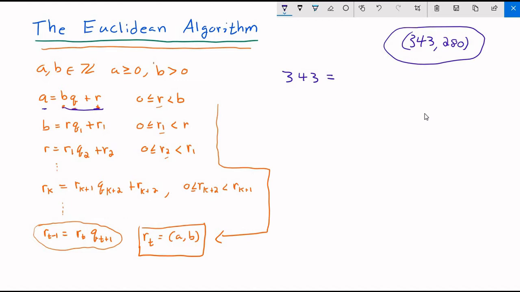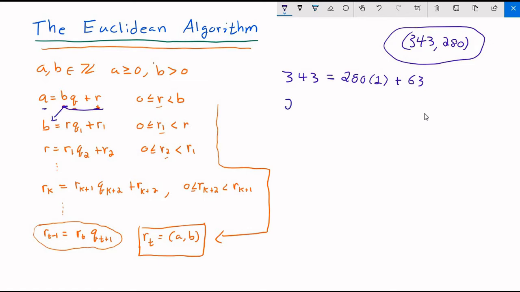Well, 280 is at least 200. We know that 2 times 280 is 560, so that's going to overshoot it, so it's only going to fit in once. So we get 280 multiplied by 1, and then we still need to pick up the slack. There's a remainder here. How much do we have to add to 280 to get 343? That's 63.